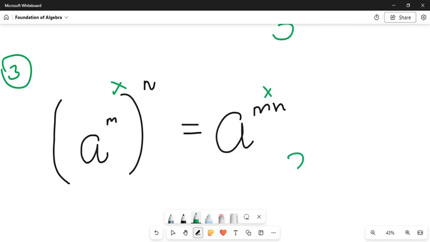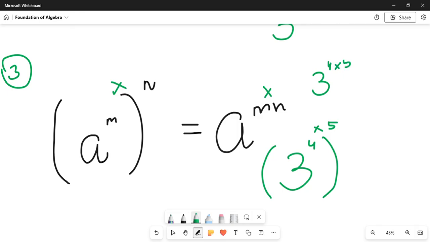For example, the same example, 3 to the power of 4, bracket, and 5. Then we will multiply the powers like this. So 3 to the power of 4 times 5, which will equal 3 to the power of 20. So this is the third law of indices, which states that the powers get multiplied.